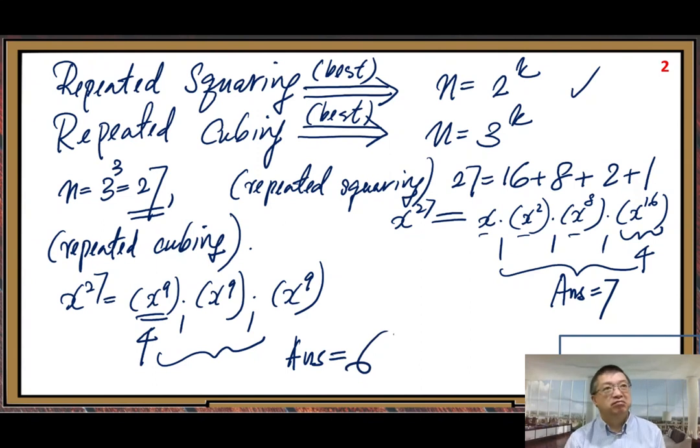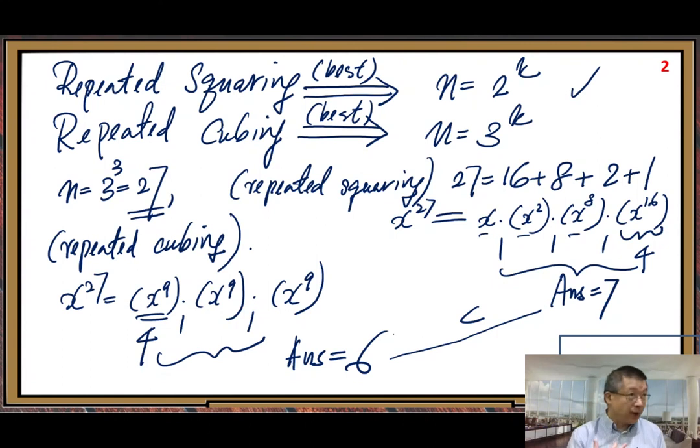So this second answer is less than the first one. We get a special example for which the repeated cubing technique performs better than the repeated squaring technique. For different n, these two techniques sometimes give the same answer, sometimes different answers.